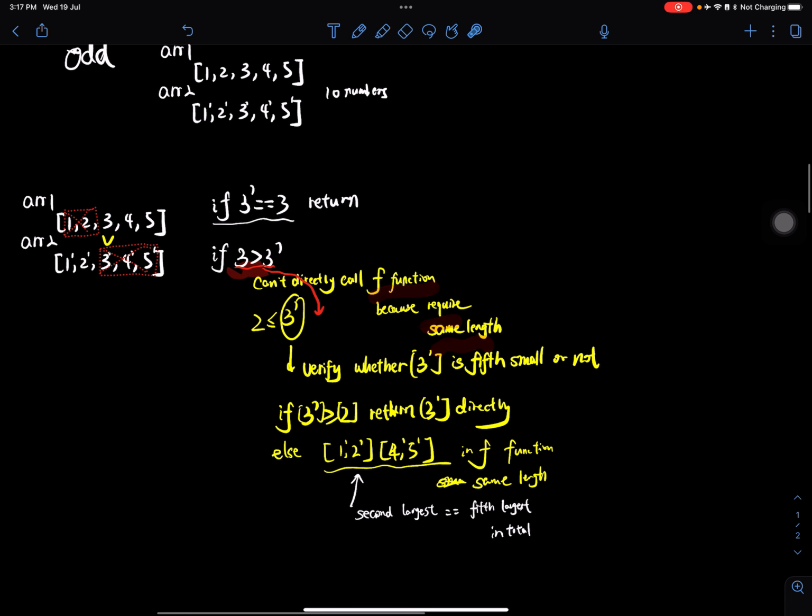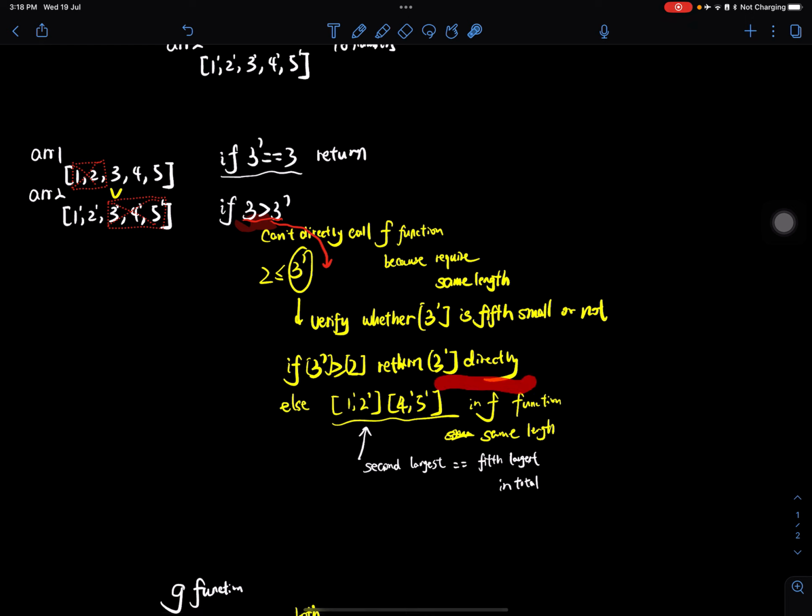Then we verify whether 3 prime is the fifth smallest or not. We try to eliminate 3 prime. If it is, then we return it directly. If 3 prime is greater than 2, then we return it directly.